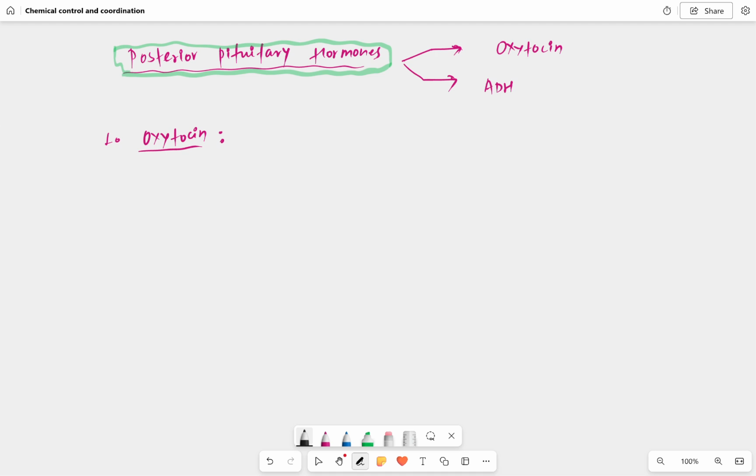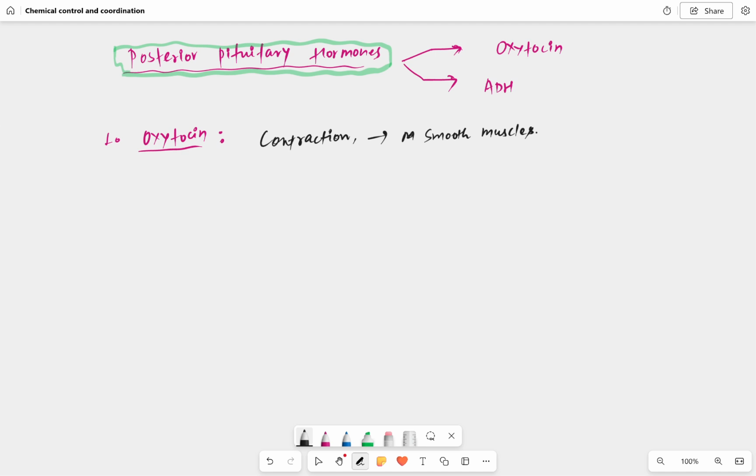The role of oxytocin is directly contraction. It is the hormone which causes contraction in smooth muscles.